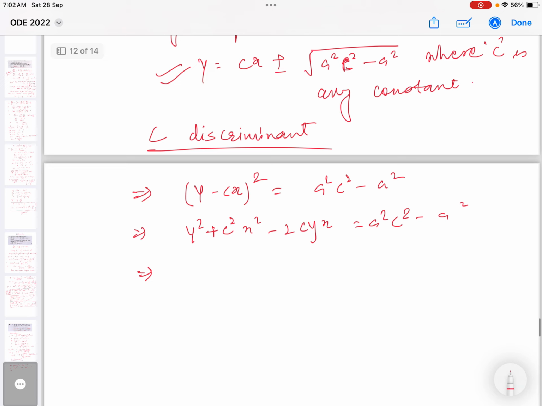We try to make the c square terms together: c square times x square minus a square, minus 2cyx, plus y square minus a square equals 0.